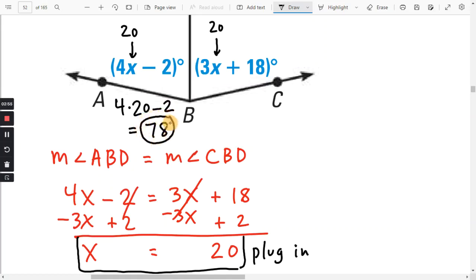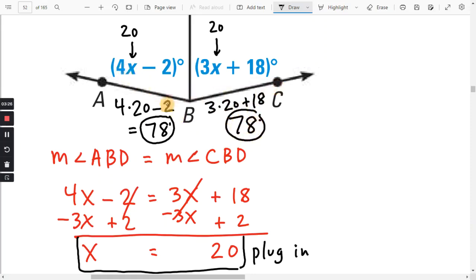And that's 78 degrees. And we should get the same thing here. This is 3 times 20 plus 18. Let me rewrite that. 3 times 20 plus 18. 3 times 20 is 60, plus 18 is 78.